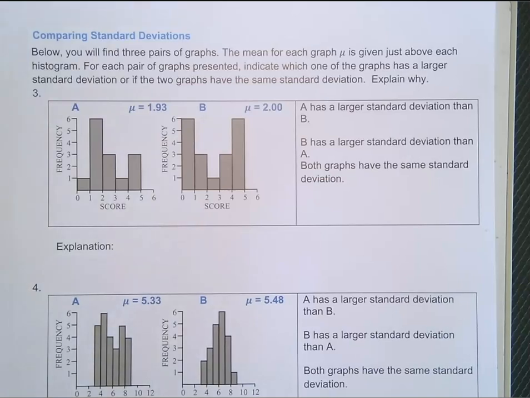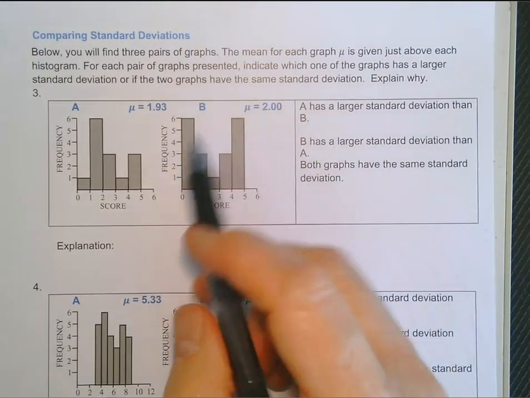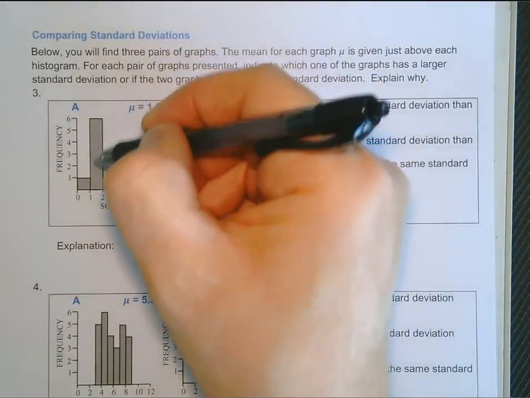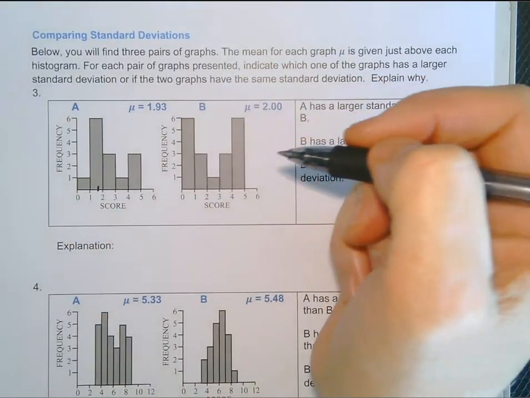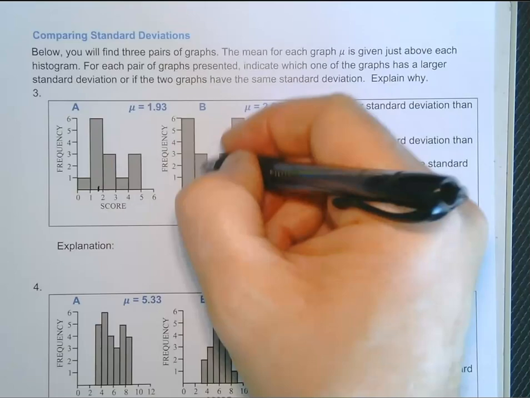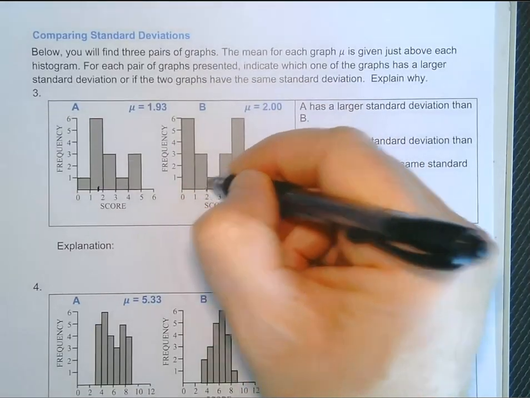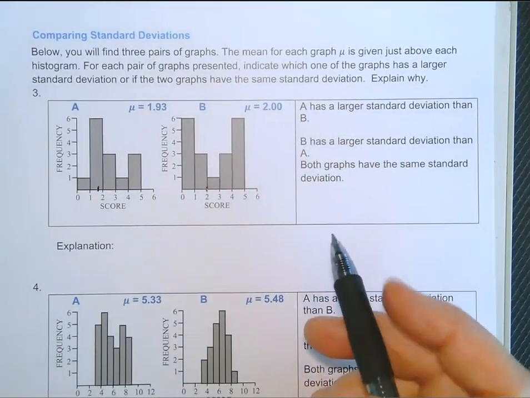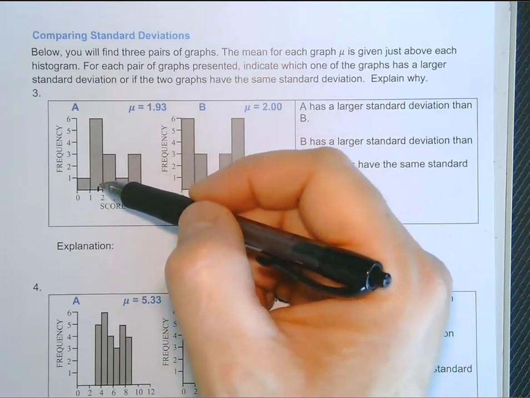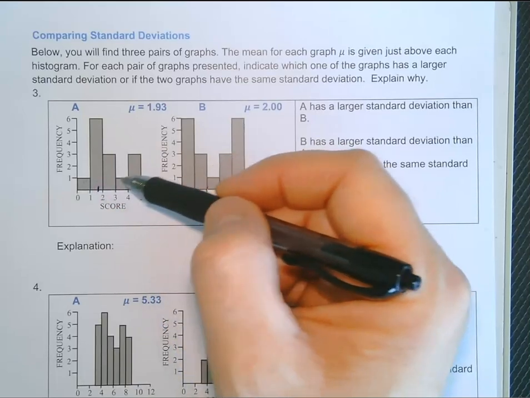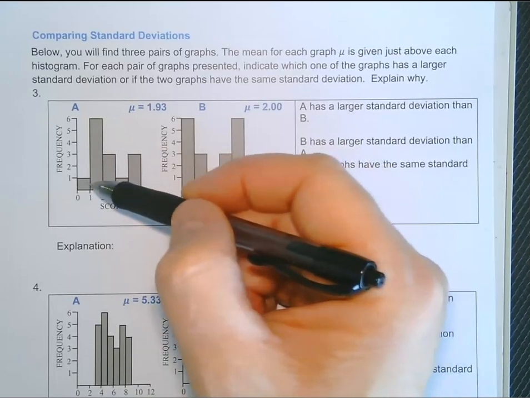Well, think about the mean, right? The mean in each one. So the mean for the first one is 1.93. So it's about here, isn't it? And the mean for this one is 2, so it's about here, right? Where do most of the numbers occur for this mean? Doesn't it look like it occurs pretty close?